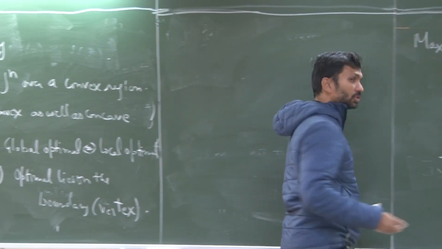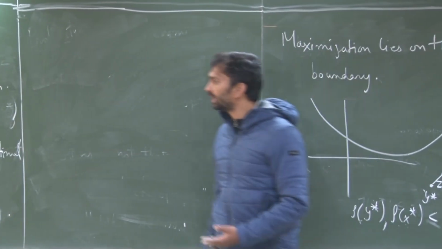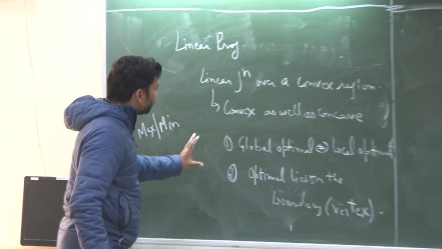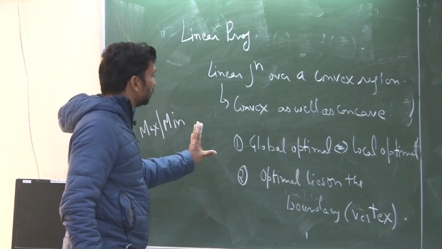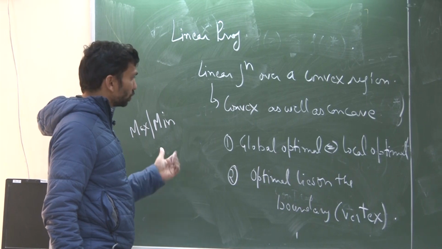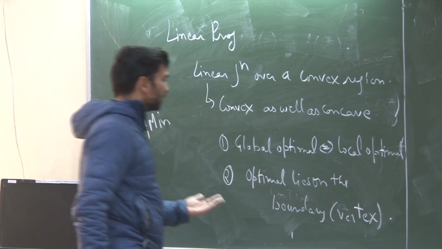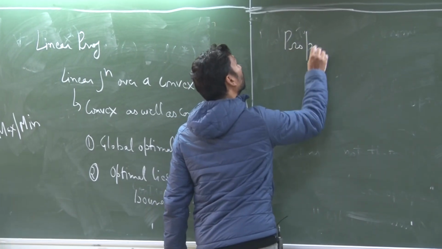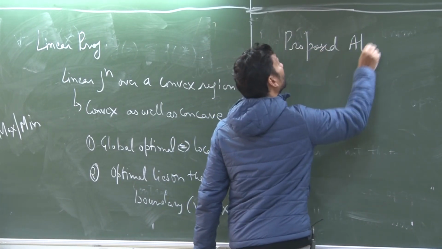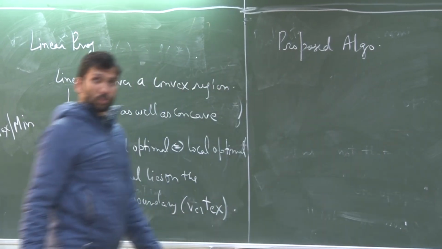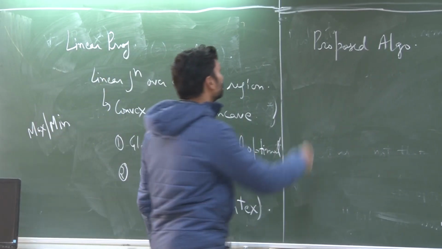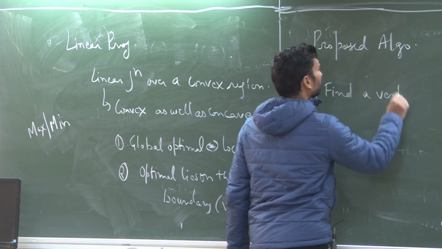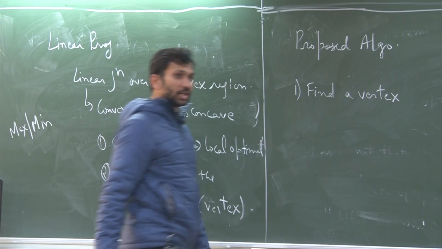The idea of the algorithm is not very difficult. I will give you the idea and then we will see the formal algorithm in the future lectures. Remember, these are the two main properties we are going to use. Global optimal is local optimal, and optimal lies on the vertex. The proposed algorithm is, first, find a vertex.